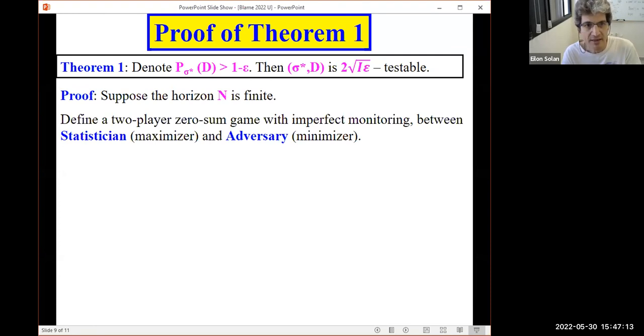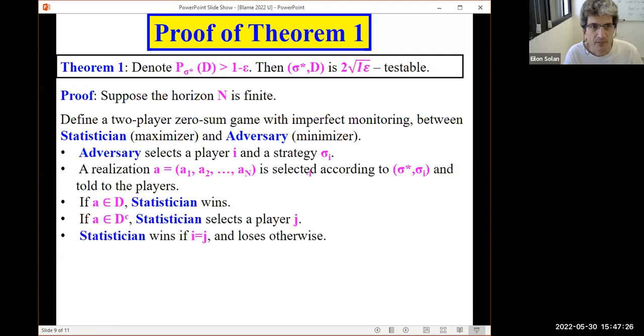Okay, he is nature who decides to point at a player who will deviate and to provide that player with a deviating strategy. And the game goes on as follows. First, the adversary selects a player I and a strategy sigma I for that player.